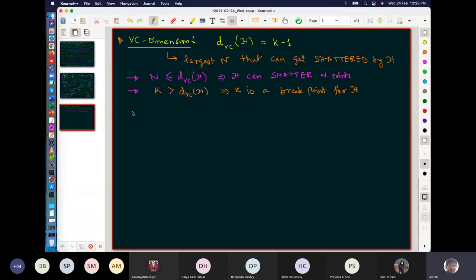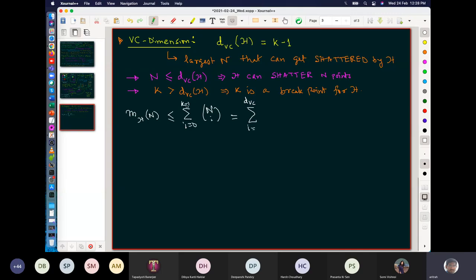Actually, the proof of VC dimension comes from a different angle rather than from the breakpoint angle, where they try to say that my m_H(N), earlier we saw, is bounded by the sum from i equal to 0 to k minus 1 of N choose i, which is nothing but, you can see now, k minus 1 is d_VC.